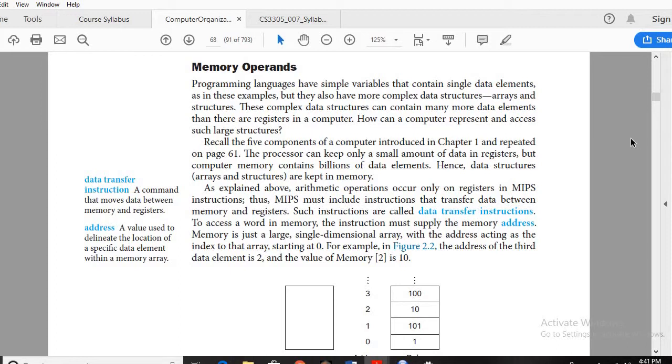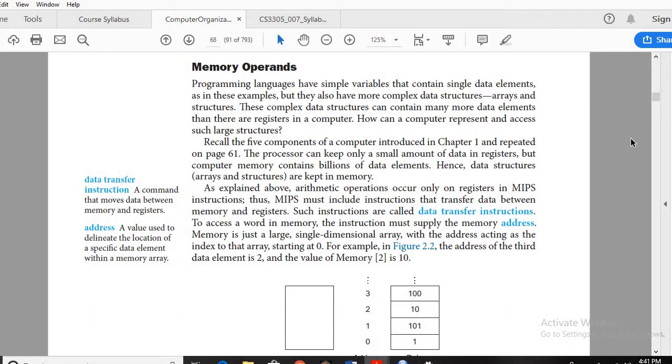To access a word in memory, the instruction must supply the memory address.